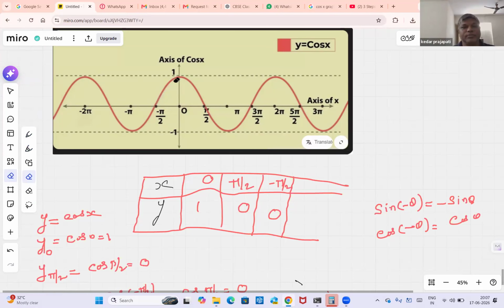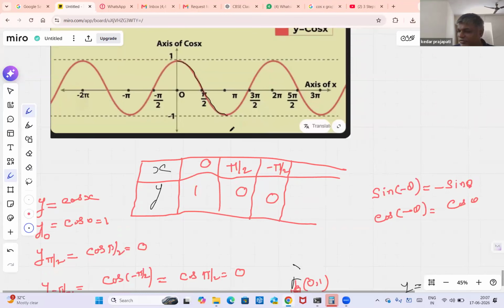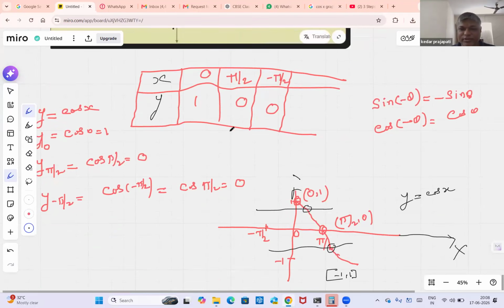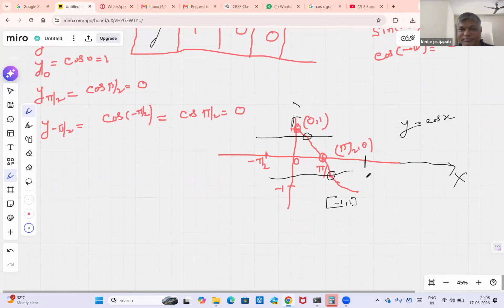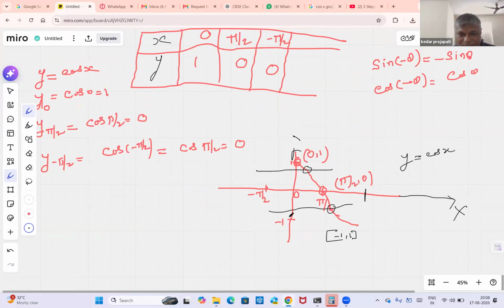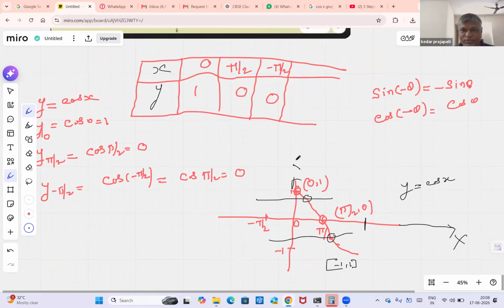This is not erasable, no problem. So I will only be taking from here to here. And it is not 0 to pi by 2. Sorry about that. It is 0 to pi. Here is pi, right? 0 to pi, minus 1 to 1.